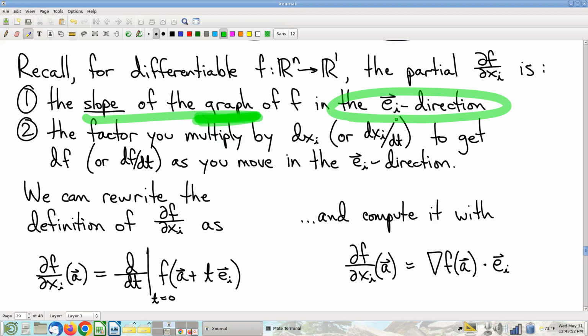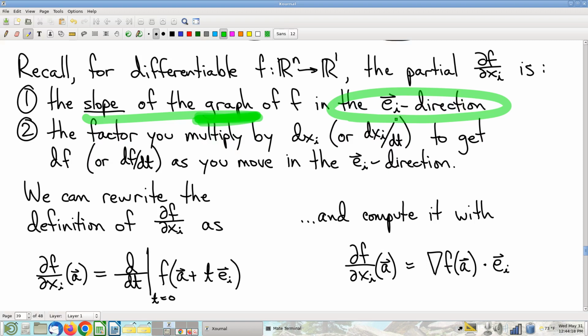I'm deliberately phrasing this in terms of the unit vector pointing in that direction, not the variable that describes that direction, because my goal with all I'm writing on the screen here is to rewrite things in terms of unit vectors. I want to dissociate from variables and reinterpret everything in terms of unit vectors.